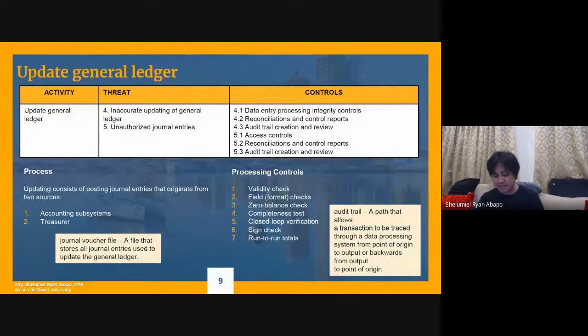A trial balance, class, is a report that lists the balances for all the general ledger accounts.